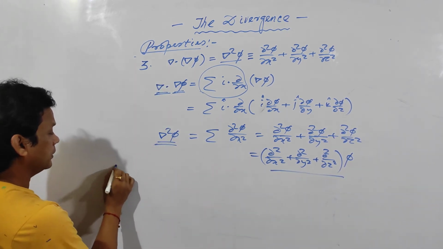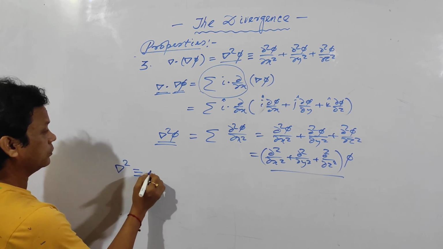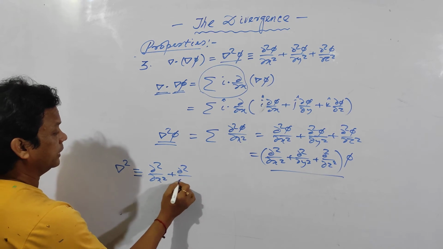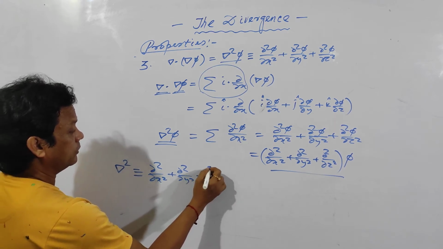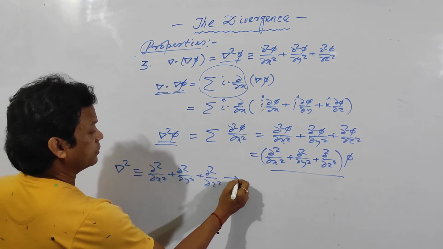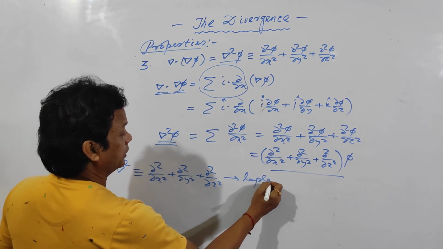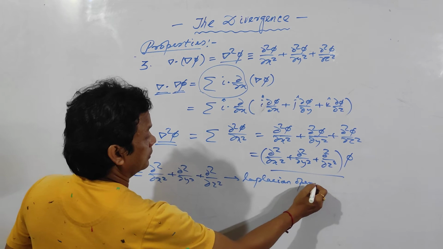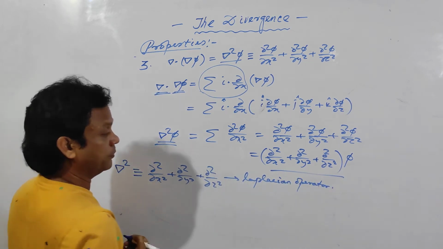That means grad square is equivalent to del square by del x square plus del square by del y square plus del square by del z square, and this is called the Laplacian operator. This operator is known as the Laplacian operator.